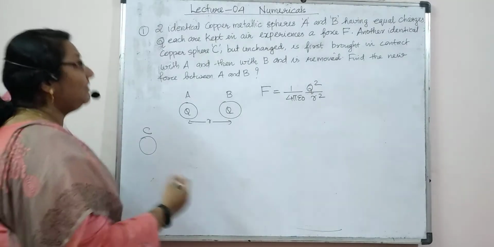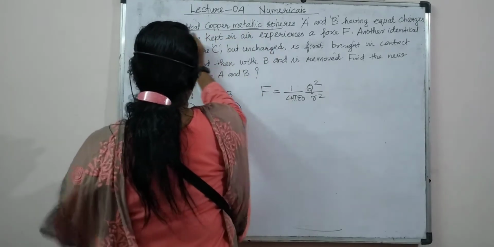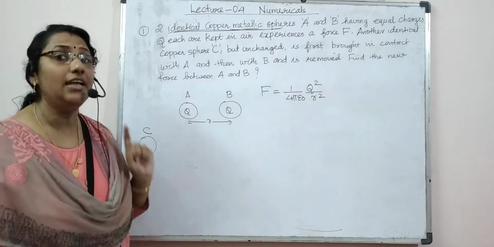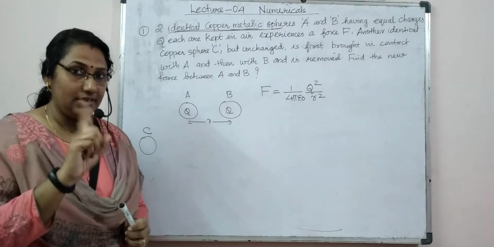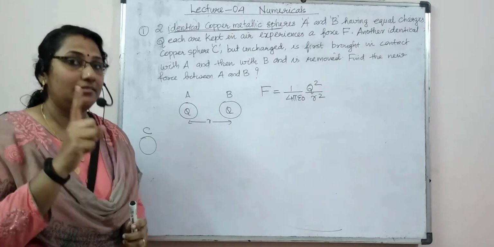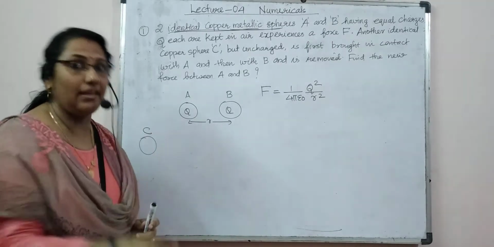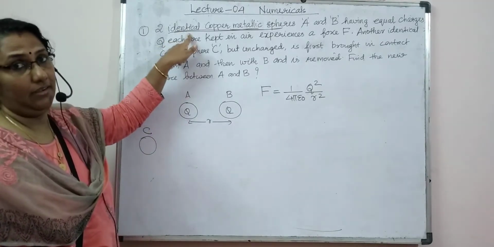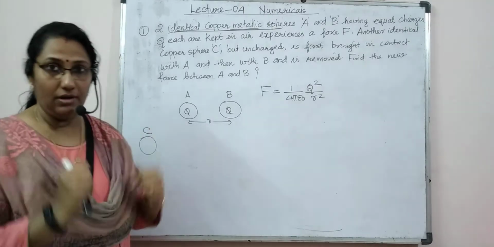Since the spheres are identical, the charges are shared equally. If they are not identical, the charge sharing is not equal. That topic we will discuss along with capacitors, the second chapter.